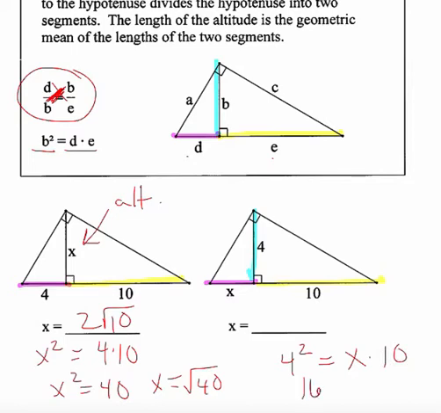So this time I get an equation that says 16 equals 10x. So when I divide that side by 10, I get x is equal to 1.6. And that's how we're going to use this theorem. So remember, the altitude squared is equal to the two parts that it created multiplied together. And if you can believe it, that's the easy of the two theorems.